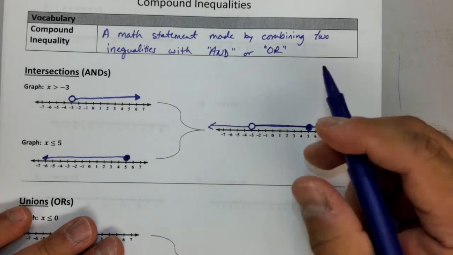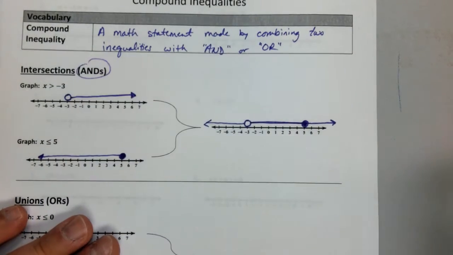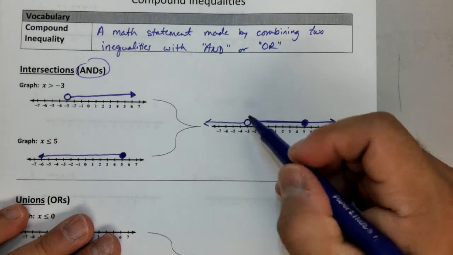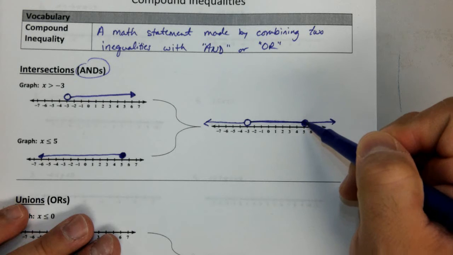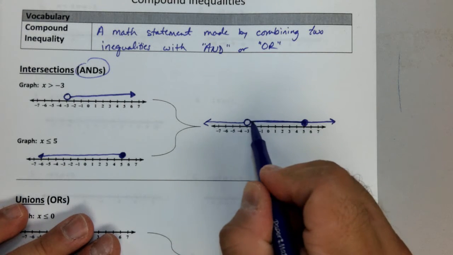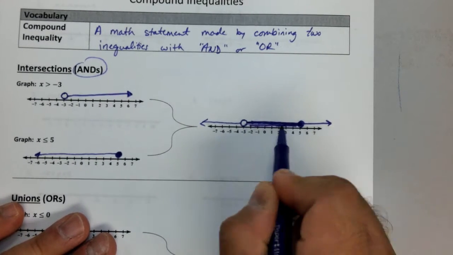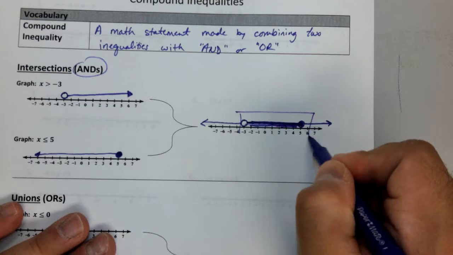But when we're talking about this combination, this AND, I'm talking about all the numbers that are greater than negative 3 and less than or equal to 5. So right here is going to be the actual answer.